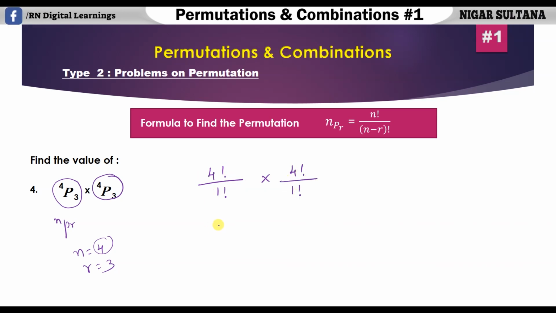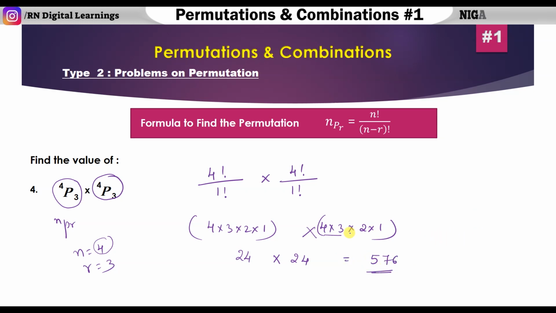Now what is 4 factorial? 4 into 3 into 2 into 1 into again 4 into 3 into 2 into 1. 1 factorial is 1 itself, no need of writing the denominator. Now 4 3s are 12, 12 2s are 24. 24 into, again 4 3s are 12, 12 2s are 24, 24 into 1 is 24. So what is 24 into 24? It is 576. The value of 4P3 into 4P3 is equal to 576.